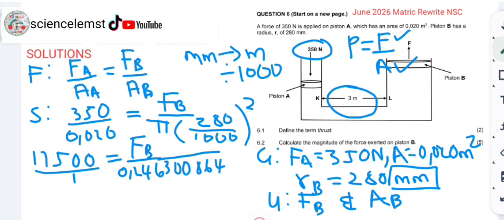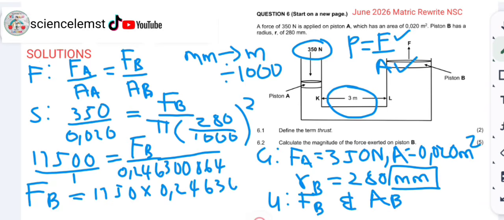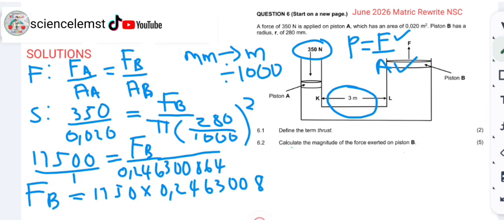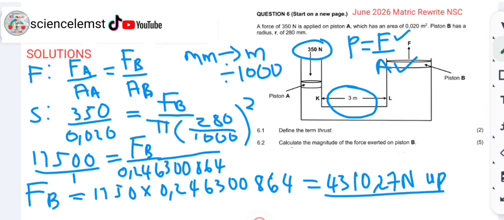So divide by 1, and I'm going to get FB equals 175 multiplied by 0.246300.864. And then my final answer is 4310.27 Newton, and it is going up.